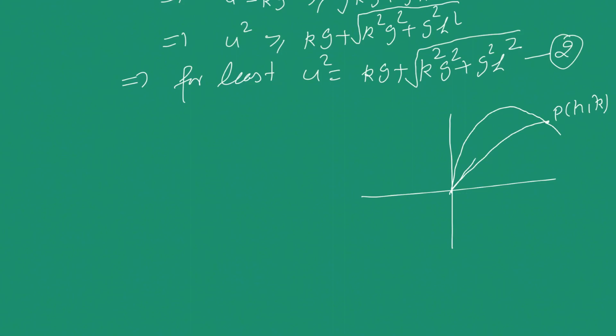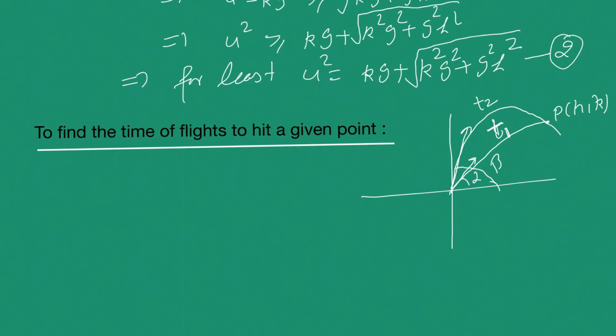This one makes an angle alpha, and this one makes an angle, say beta, to hit the point (h, k). So it will have a time of flight, say t1, and t2. So we have to determine what the times of flight are for that projectile to hit the given point. So next is to find the times of flight to hit a given point.